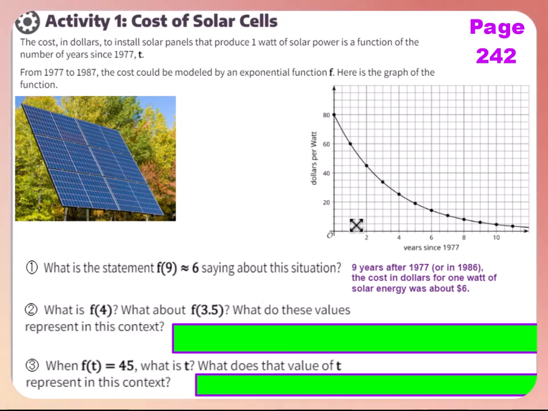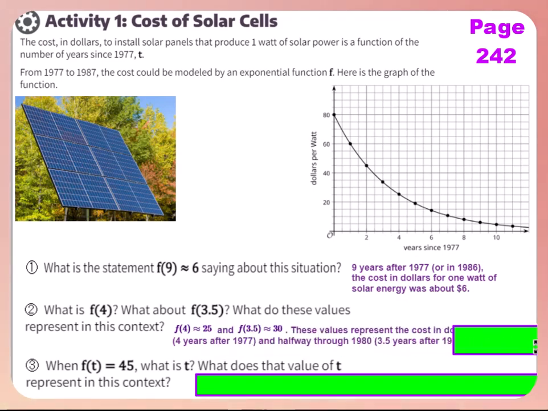What is f of 4? Okay, so 4 years after 1977, the cost of 1 watt of solar energy was about $25. Okay, and f of 3.5, here's 3.5, that's approximately 30.